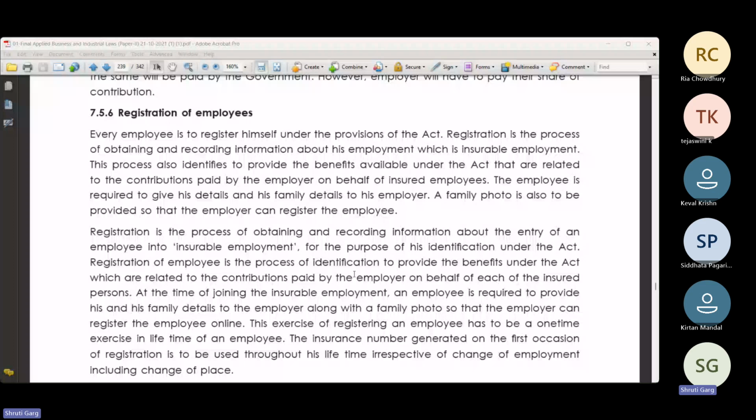If the registration is done, the employee is identified to receive the benefits available under the Act that are related to the contribution paid by the employer on behalf of the insured employees. The employee is required to give his details and his family details to his employer. A family photo is also to be provided so that the employer can register the employee.